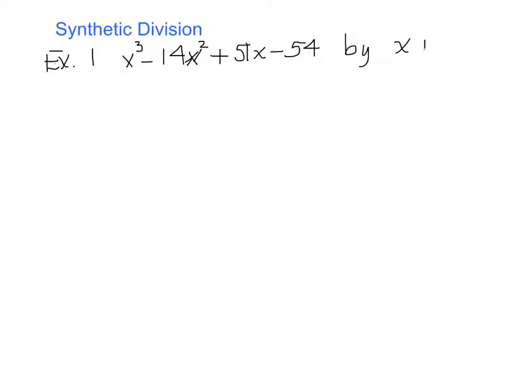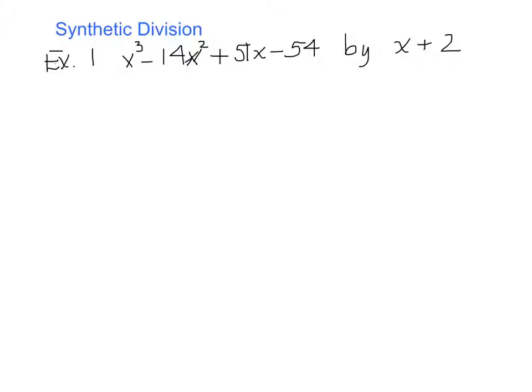So if you had to divide x cubed minus 14x squared plus 51x minus 54 by x plus 2. X plus 2 is linear, so we can do it.